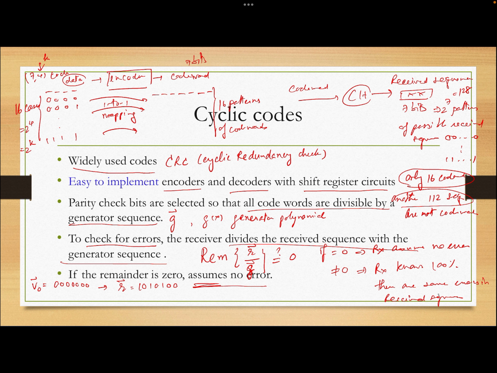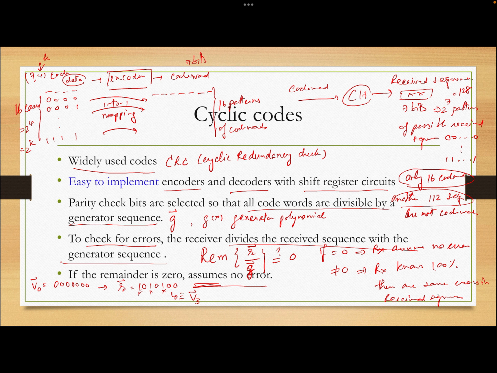There's error here, right? The 3 bits here are in error, but it looks like another code word V. Accidentally it looks like another code word, then the decoder cannot tell that there's something wrong.